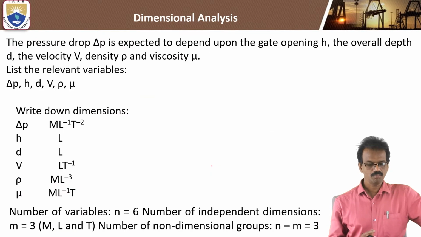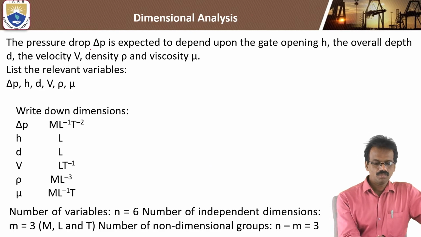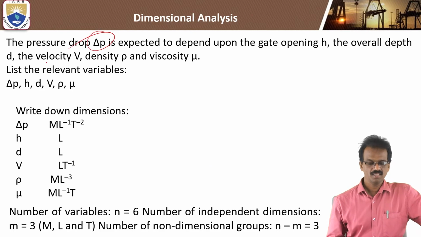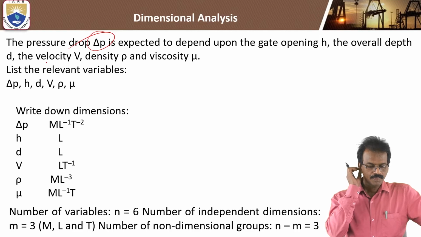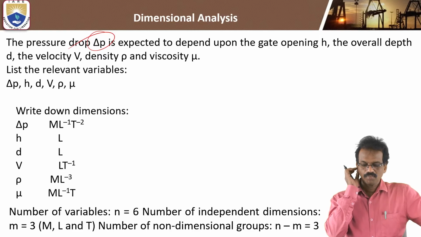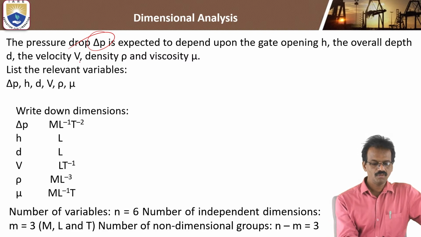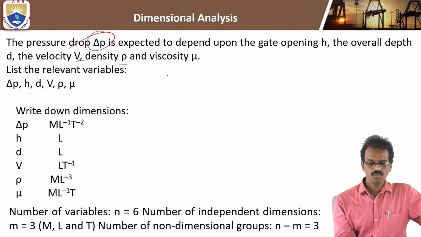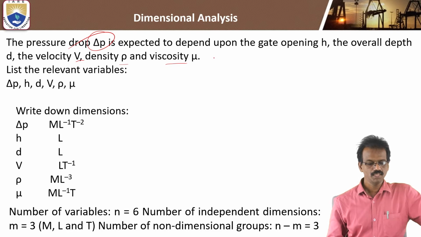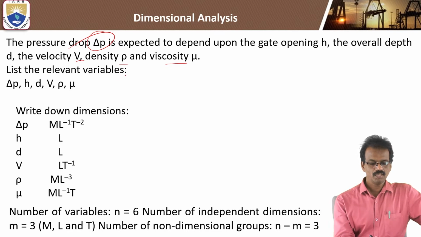One more example is also given here. The pressure drop, that is delta p, is expected to depend upon the gate opening h, the overall depth d, velocity v, density rho, and the viscosity mu. So list the relevant variables.